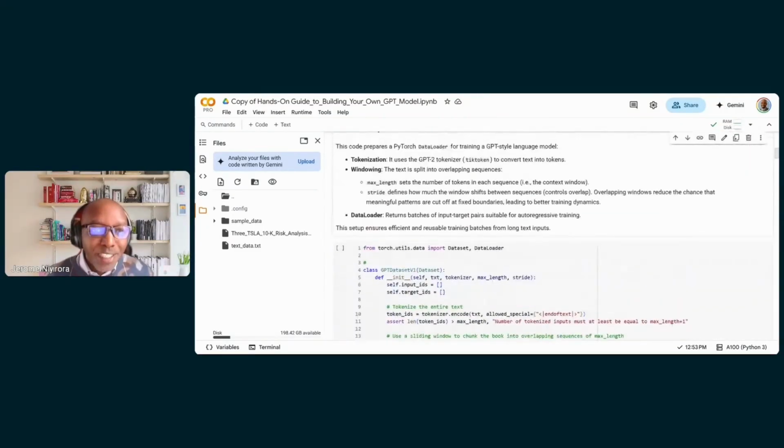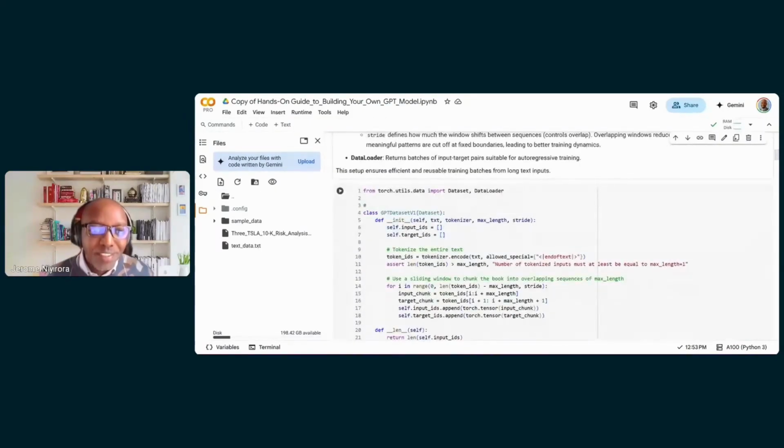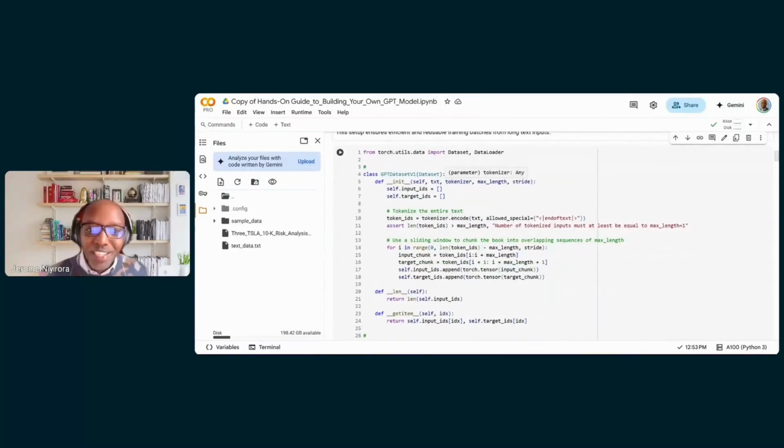As we've done before, your first step is to tokenize. You have to build some way of tokenizing your text. And this is done through these classes again, where you have input IDs and target IDs, which means you shift by 1. If you can see here, it's i plus 1. You shift by 1, so the next word is what you predict, and then on the return, the next word is going to be your input as well, just like what we demonstrated in the last couple of slides.